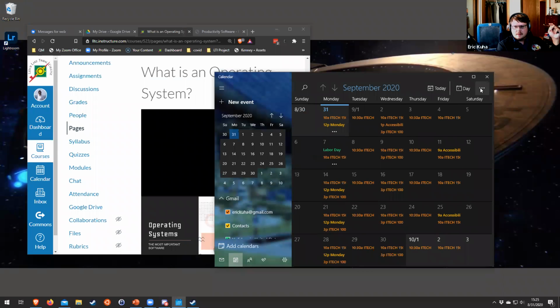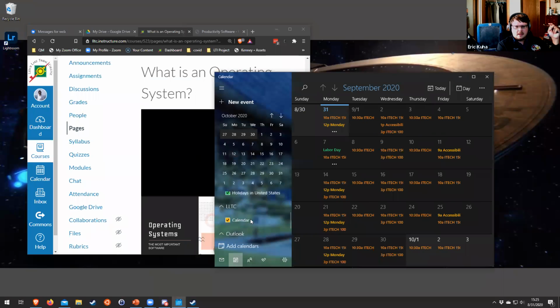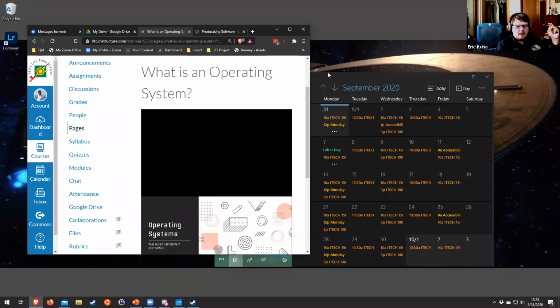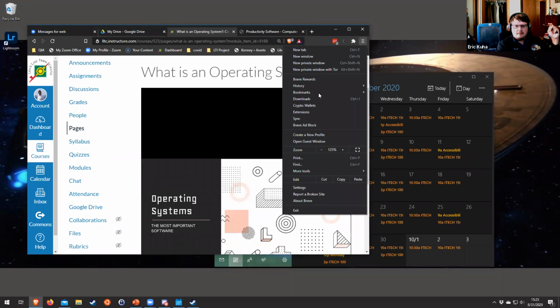Then menus, we have menus. Like here's a menu that allows me to see my schedule in different ways. Here's a menu where I can see all the different calendars that I've loaded in. Well, here we go. Here's all my menus from my web browser here.